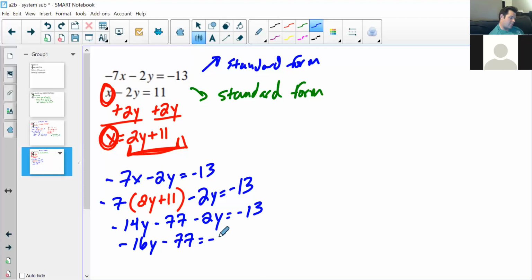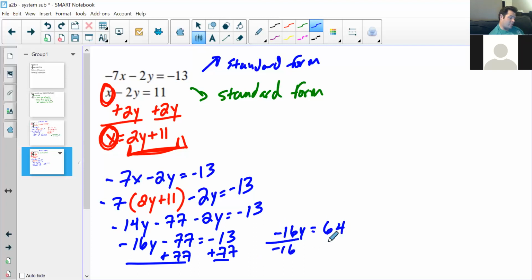And I'm going to run out of room here, but I'm down to solving a 2-step equation. And I have -16y is equal to -13 plus 77, which would be 64, positive.